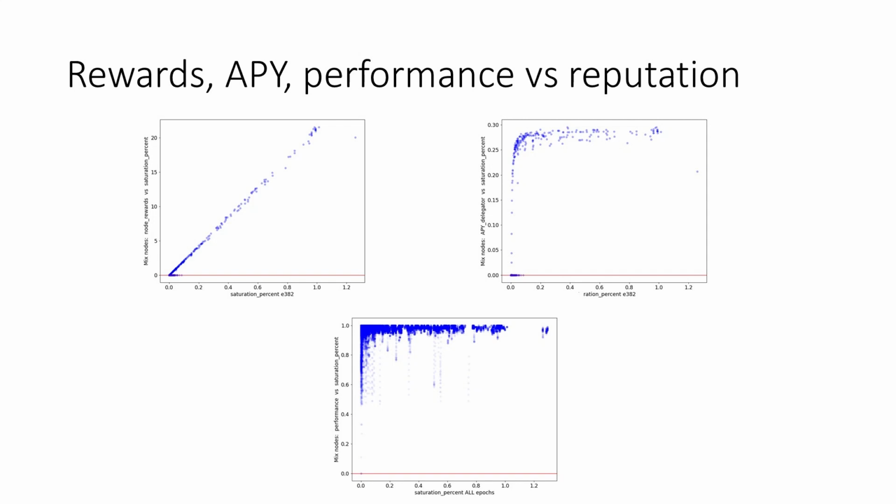In some instances, they are a bit lower, but mostly we can see that in most epochs, they have pretty good performance. Everybody with a saturation that is more than 10%. And then these guys here, which are the low reputation guys, we can see that these ones can have pretty bad performance sometimes. So it does work.